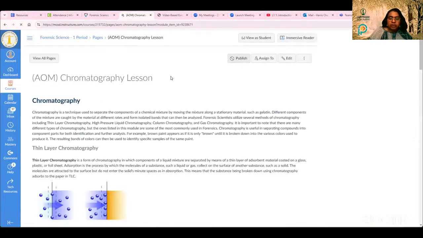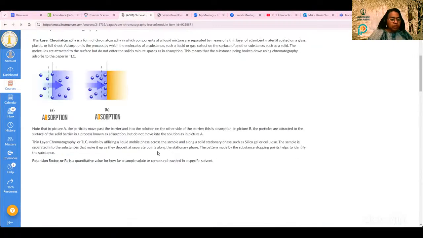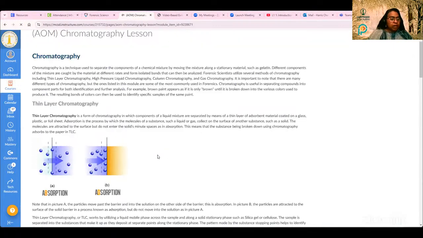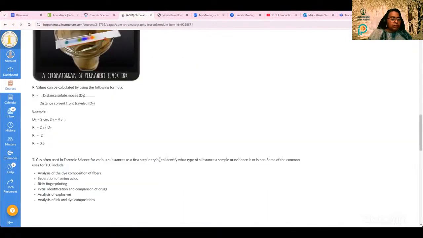I did not publish this next one, so next time you come to class, we'll actually take each of these and go through them. So he just started to talk about chromatography, and we'll look at that with the next class.